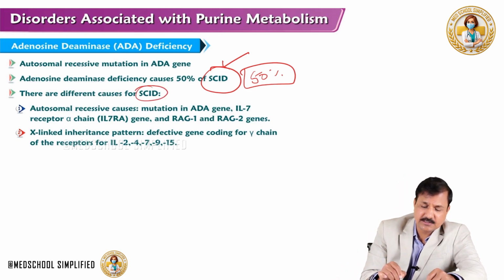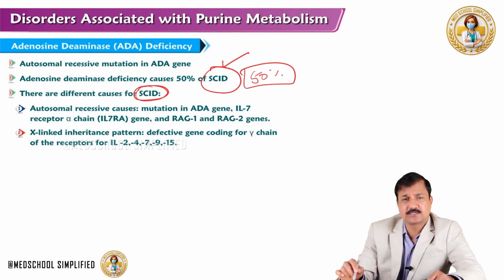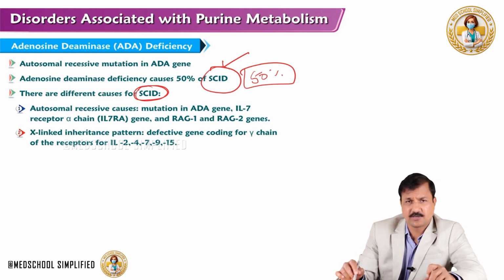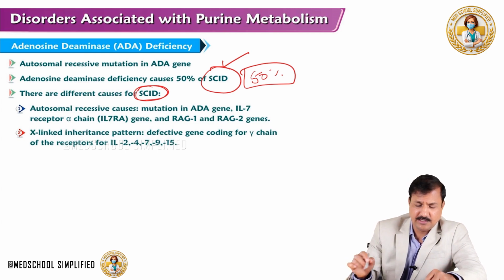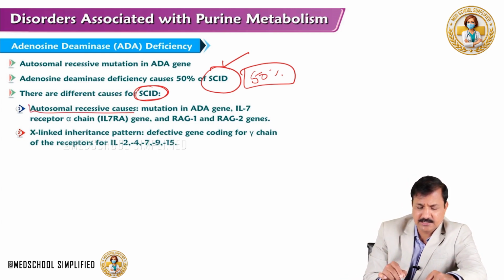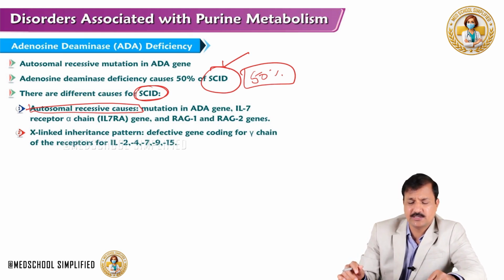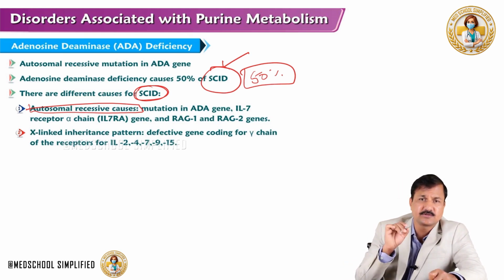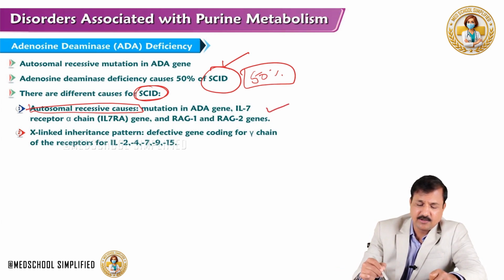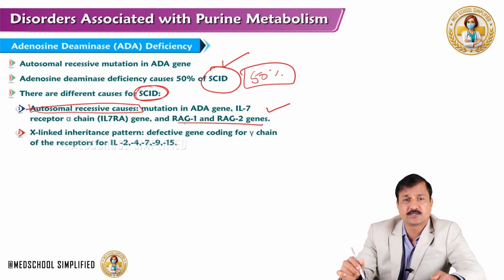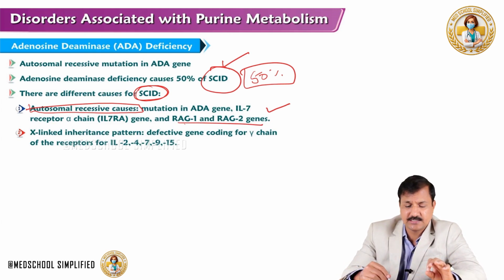The causes of severe combined immunodeficiency disease can be divided into two groups. One is autosomal recessive causes, where ADA gene mutation is one of the causes, and other autosomal recessive causes for SCID are interleukin 7 receptor alpha gene mutation and RAG1 and RAG2 gene mutation. These are all autosomal recessive mutations that may lead to severe combined immunodeficiency, that is SCID.